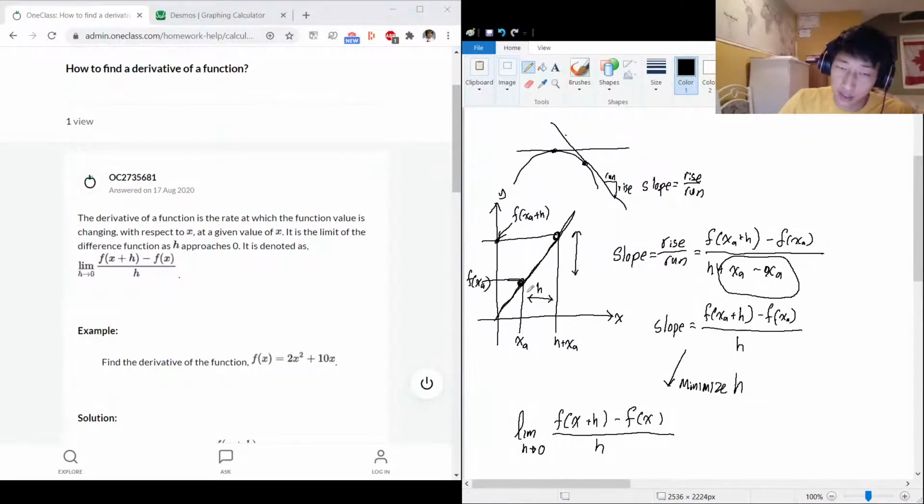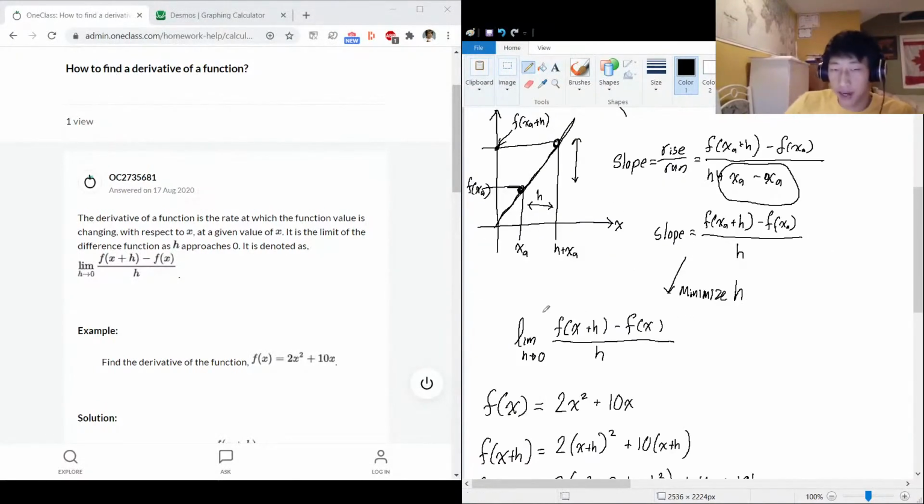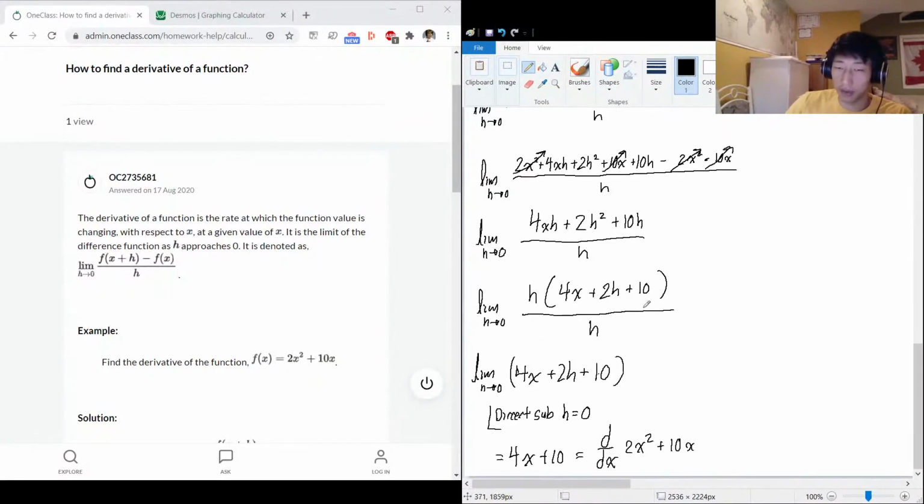We're going to see at a certain x value, and then we're going to add a little bit to it, just go a little bit past that by h. But we want h to be very small. That's why we need the limit. We're going to take the slope, and that comes from the rise divided by run. We simplify to get this equation. This is also called the first principles method of finding derivatives. And once you find that, typically you'll be able to sub in your functions and solve and find your derivative.